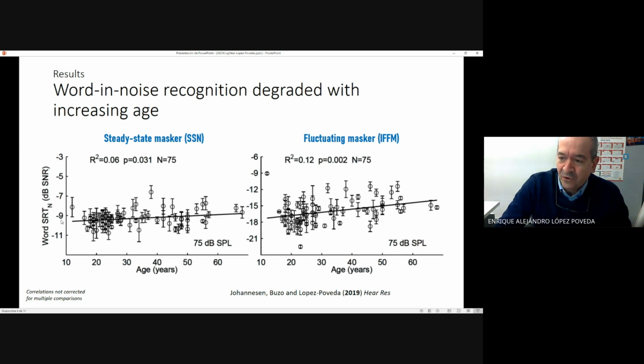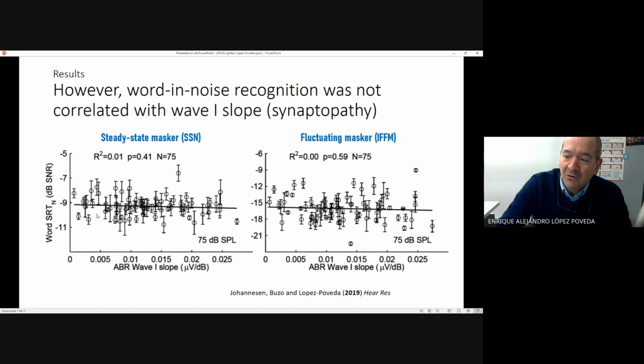So, for example, the speech reception thresholds are slightly higher, but significantly higher, particularly in fluctuating maskers. So the same people who had synaptopathy also have more problems in noise, but we don't see correlations between speech reception thresholds and wave 1 slope. So, this suggests that maybe synaptopathy happens, but it has very little significant impact on perception.